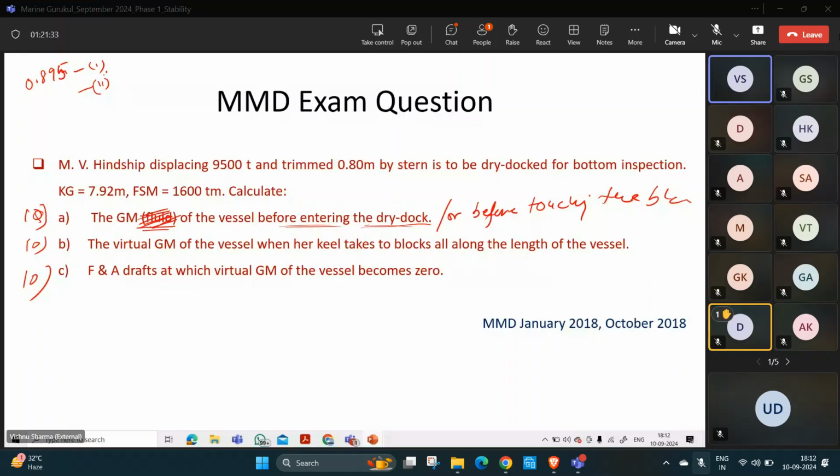Gaurav, for part B, what are you doing, beta? What are you doing for part B? Yes, sir.